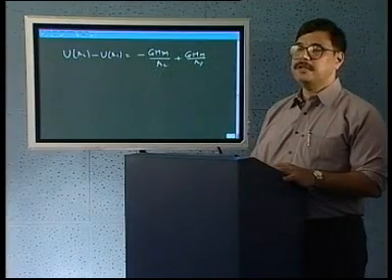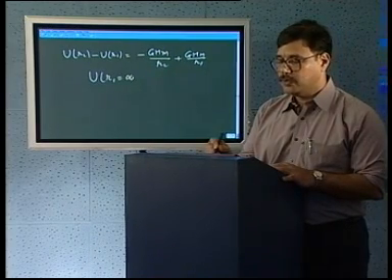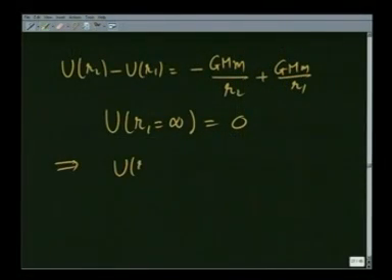In the case of gravitational field, I take U reference point at infinity. So, U(r1) at infinity to be 0, and that defines my U uniquely as minus G m m over r.